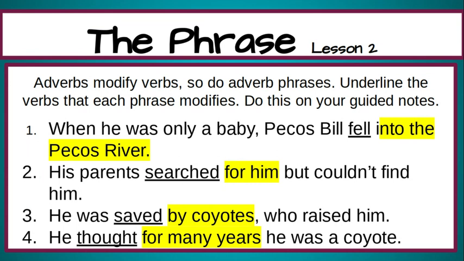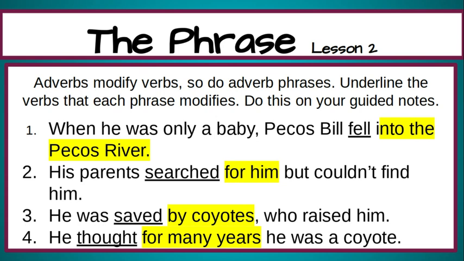All right. What I want you to notice about these is that we can actually move adverb phrases around in a sentence. We can't do that with adjective phrases. Adjective phrases have to come right after the word that they modify. But adverb phrases can be moved around in a sentence and still maintain that sentence making sense. So look at number one, for example, here. I can move that around.